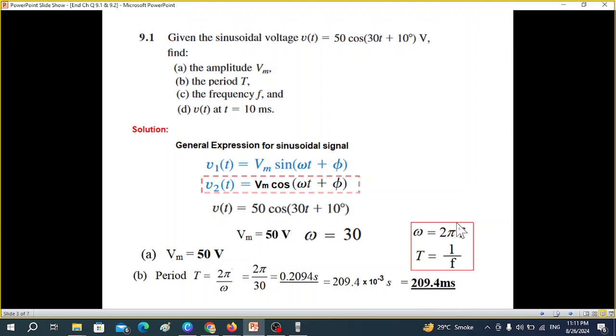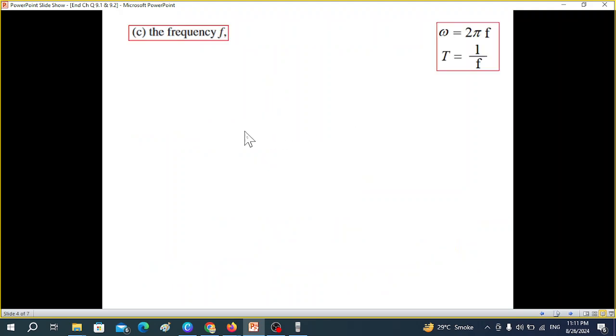So this is the answer of part B. Now frequency is simple. Frequency is omega over 2 pi, or 1 over T actually. So just again putting the value, 30 over 2 pi, and solving, we get 4.775 hertz.